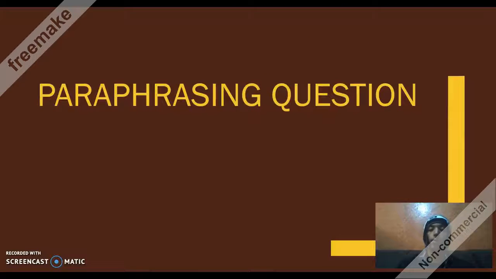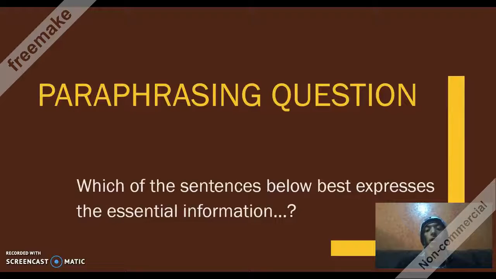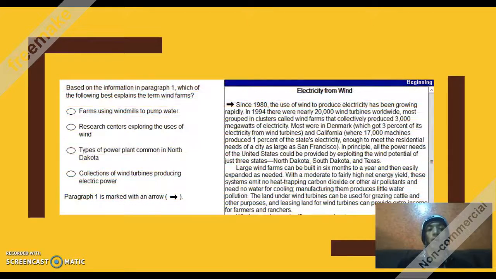Okay, the next one is the paraphrasing question. Okay, so you are going to paraphrase. The most common order is which of the sentences below best expresses the essential information. For example, based on the information in paragraph 1, which of the following best explains the term wine farms?